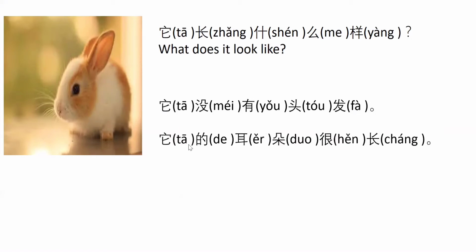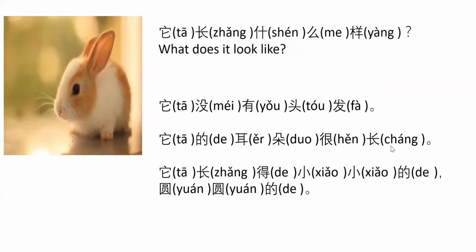Number 2, 它的耳朵很长. So its ears are very long. Number 3, 它长得小小的，圆圆的. So it looks very small, very round. Clear?